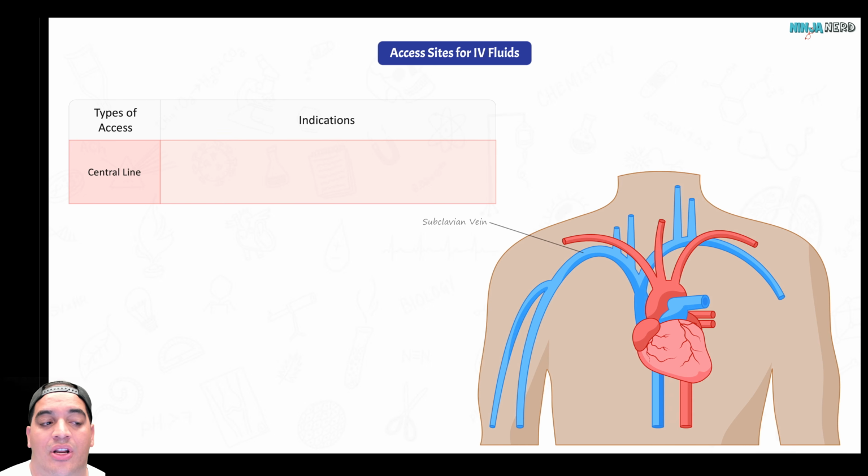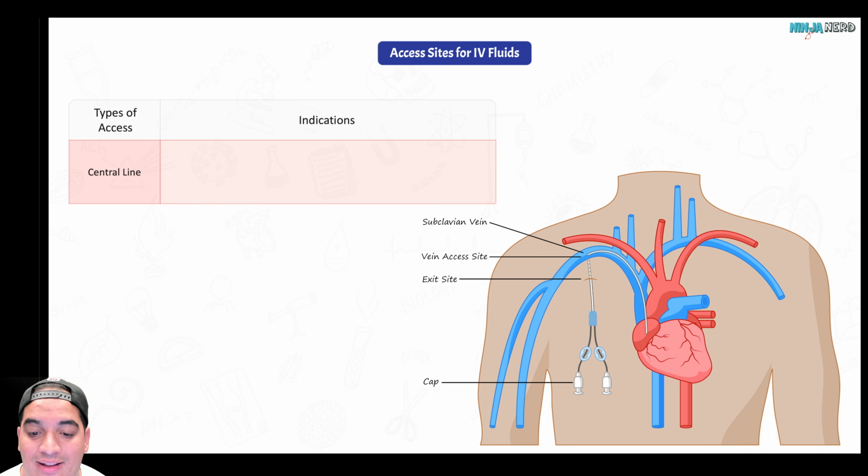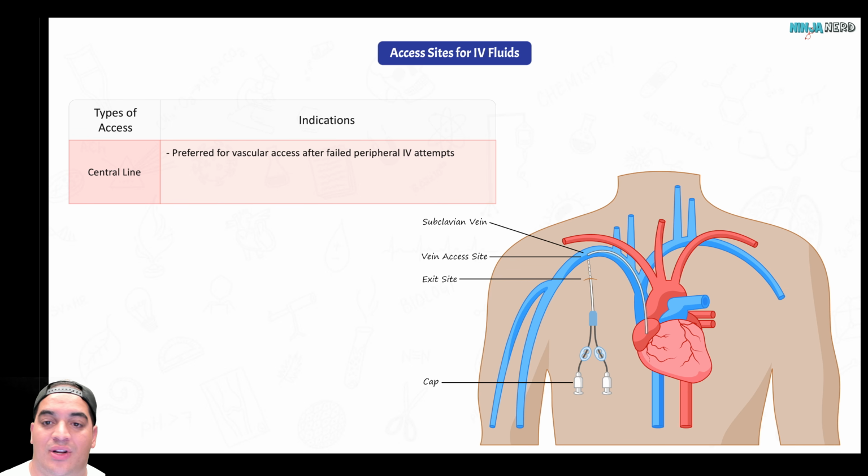The other alternative is a central line. This is great when you have a little bit more time. So if a patient, maybe you've tried to get peripheral IVs on them and you just can't get it, this is a good one. You can access the jugular vein, you could access the subclavian vein, or you could even access the femoral vein. We like these whenever a patient has failed multiple peripheral IV attempts and we don't have an emergent need for an IO, but we need some central access here soon, or we need to give them large amounts of fluids.